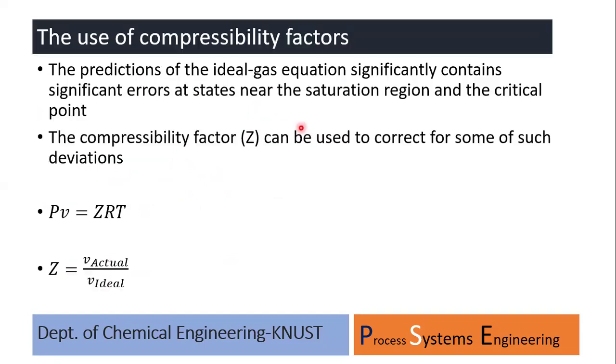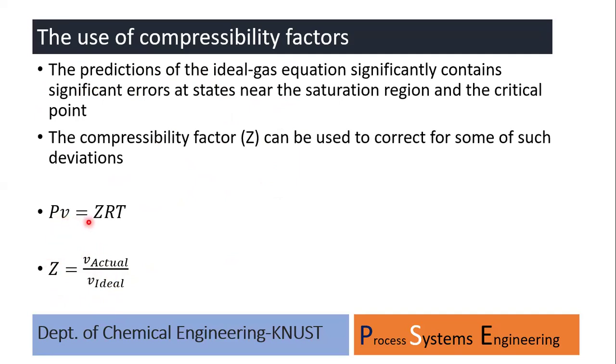So for the compressibility factor, it's not something that's new to us. Note that the compressibility factor is just a correction factor. So that Z term, right? We are going to relate it to the volume of the actual gas or the real gas divided by the specific volume of the ideal gas. So if I make V actual the subject, it's just V ideal times Z. So Z is going to, in quotes, modify V ideal to give us the actual V, right?